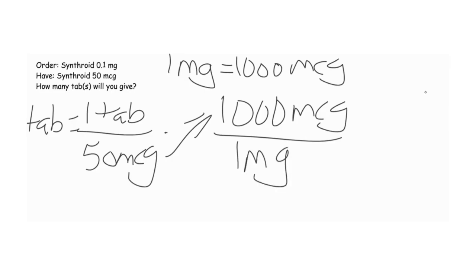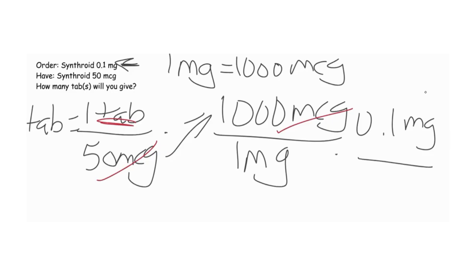Are we through with this problem? Can we solve? We cannot solve because although we canceled out mics, we've introduced milligrams. We're trying to get tabs by itself. So now we've got to get rid of milligrams. But we use our problem. We have 0.1 milligram here. And we can do that as 1.